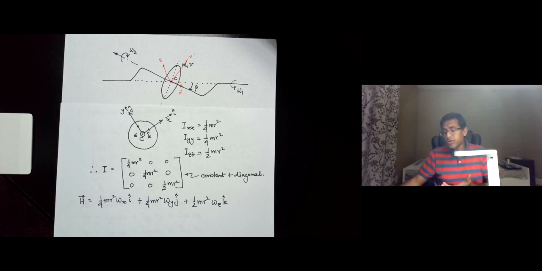Any arbitrary orientation of a rigid body can be arrived at by rotating the rigid body by different angles about those three axes.